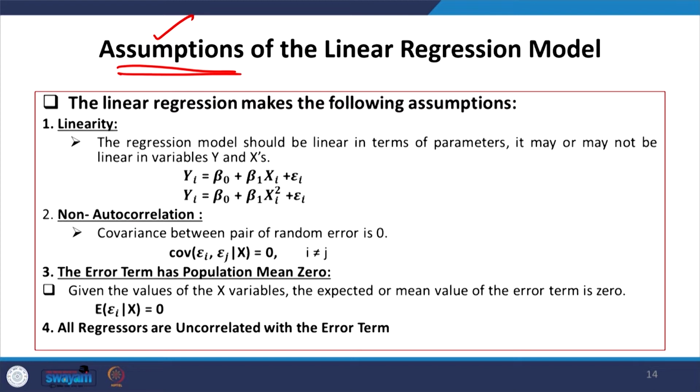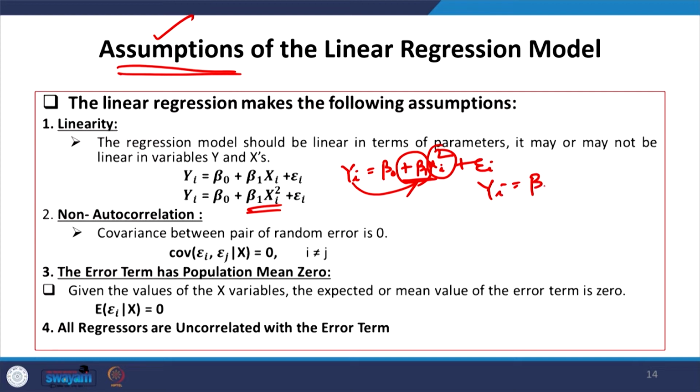So, if it is y equals beta naught plus beta 1 times xi square plus epsilon, as a modified equation, the linearity still holds, because linearity holds with respect to the parameters.